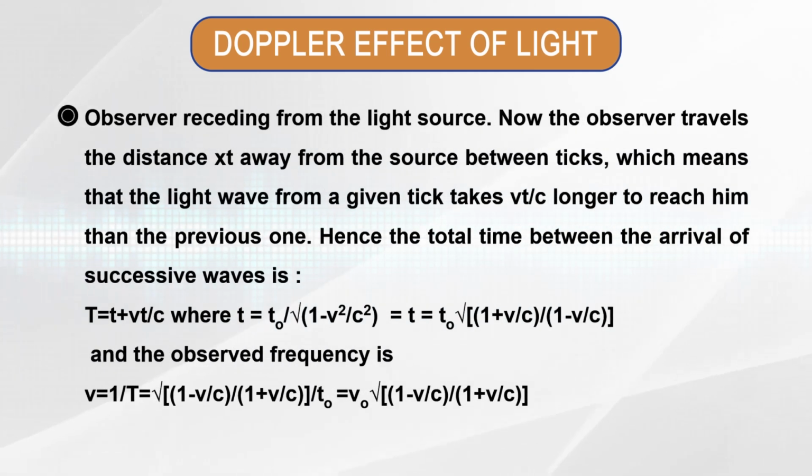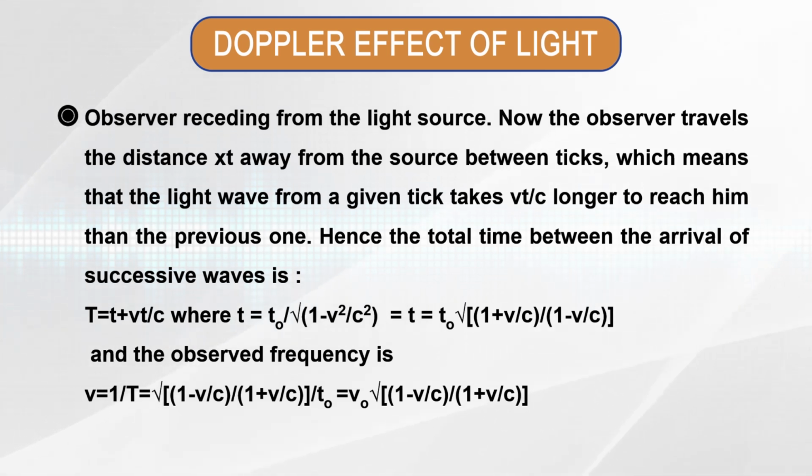Second case, when the observer is receding from the light source. Now, the observer travels a distance vt away from the source between the ticks, which means that the light waves from a given tick will take vt by c longer to reach the observer than the previous one.